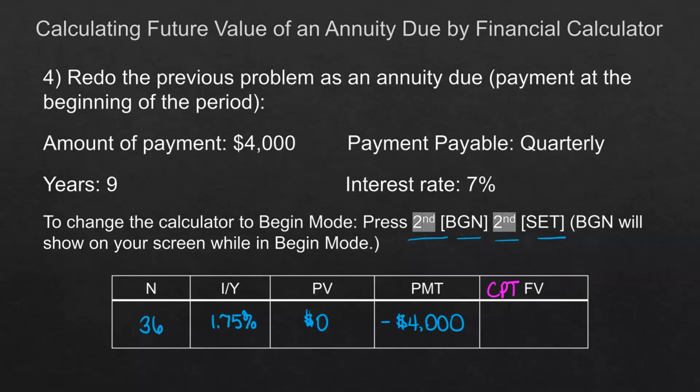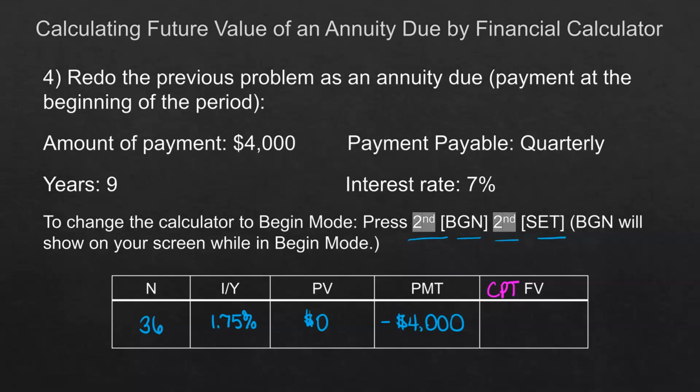And it will be a little bit more once again than it was on the last question, because we start computing that interest quicker. Thinking on the semi-annual, when we put it in at the beginning of the period, it was at the beginning of the 6 months, so it was able to accumulate during the 6-month period.